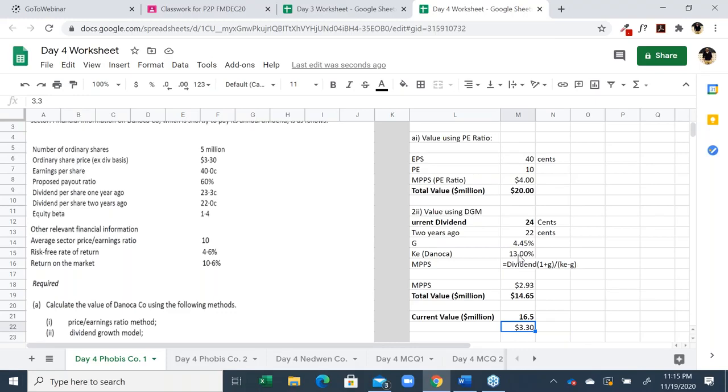They may be expecting a lower cost of equity, return on equity. That's why they are ready to pay it at a higher price.